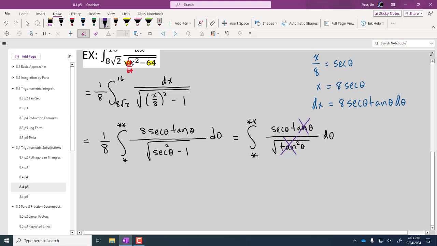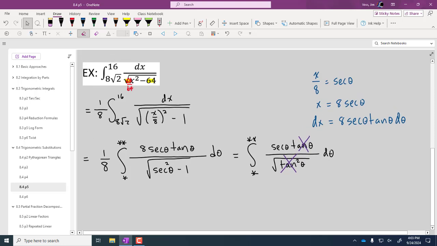And again, technically speaking, the square root of a square is an absolute value, so we would need tangent values that are positive for this to work. If you took those limits, these are all positive. The inverse secant of positive numbers is positive, so everything is going to work out.